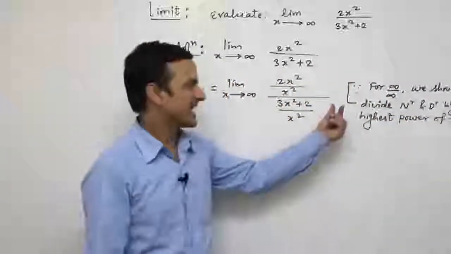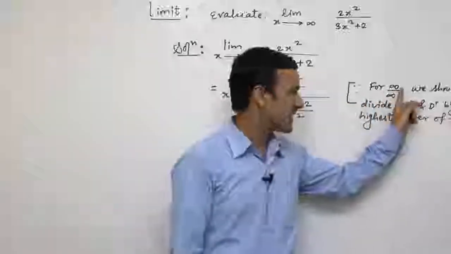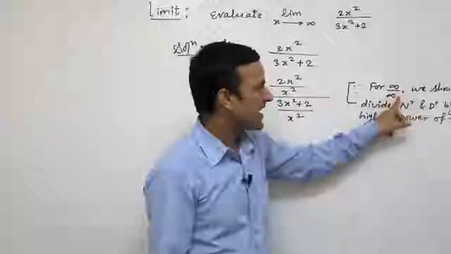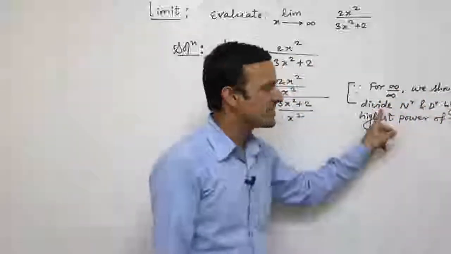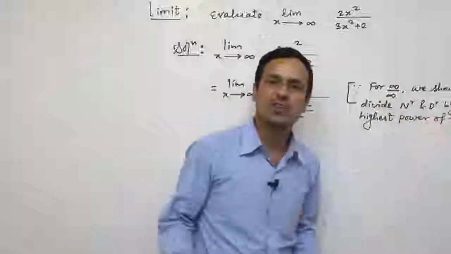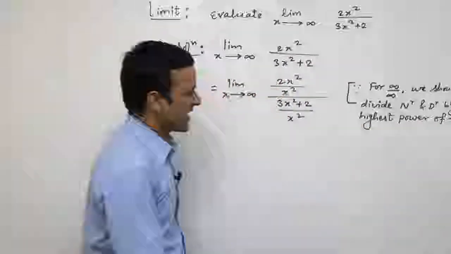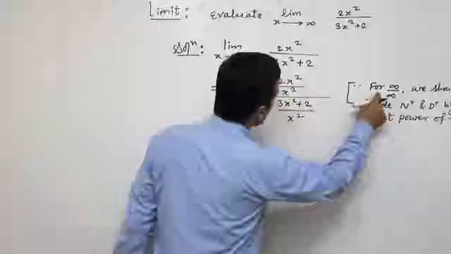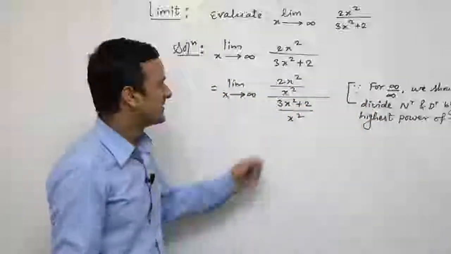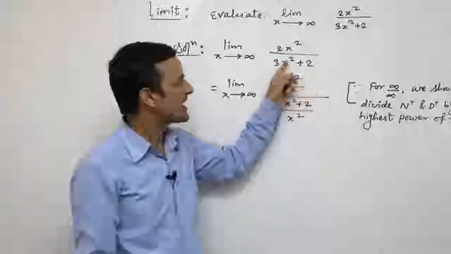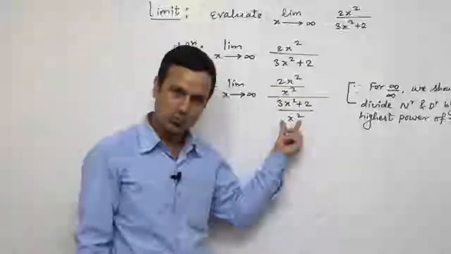So this is one of the cases. If this case of infinity by infinity occurs, we should always divide the numerator and denominator by the highest power of x. Here the degree of x is 2. Highest power of x is 2.